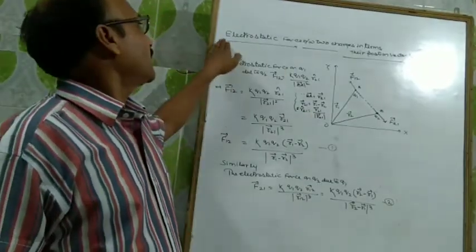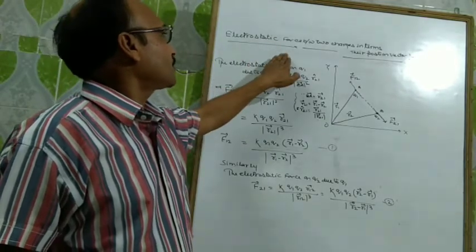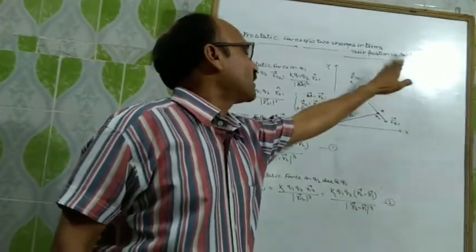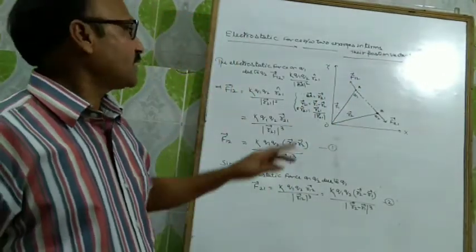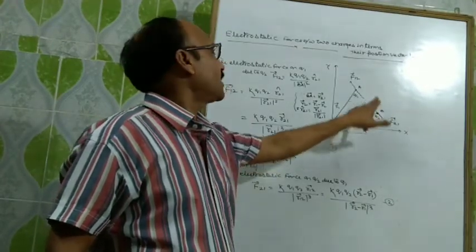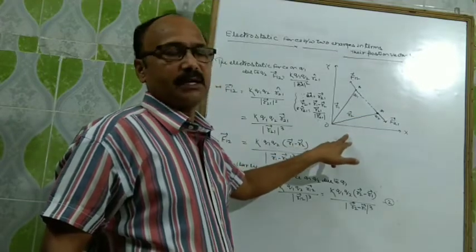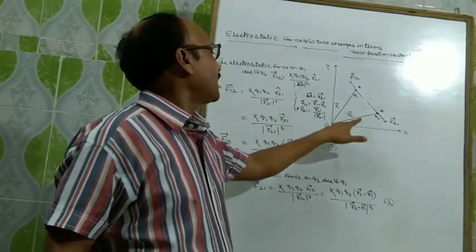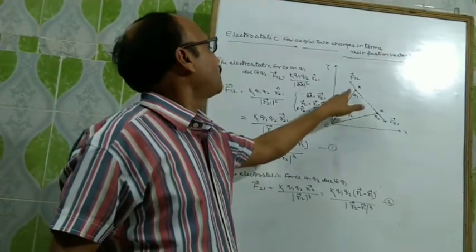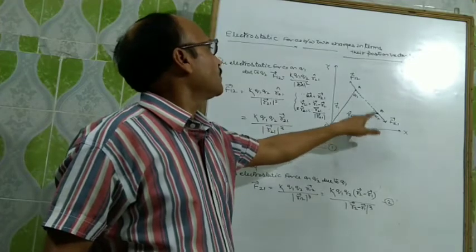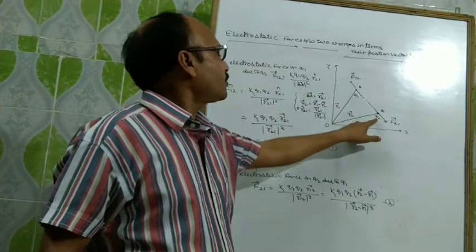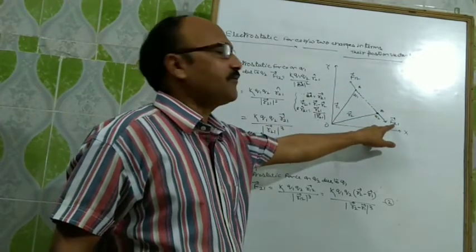Now we have to study the electrostatic force between two charges in terms of their position vectors. For this we are taking two point charges Q1 and Q2 at rest, located at points A and B. Their position vectors are R1 and R2 with respect to the origin. In this case, the force on Q1 due to Q2 will be force F12, and the force on Q2 due to Q1 will be F21.